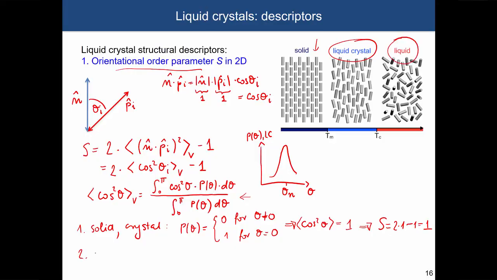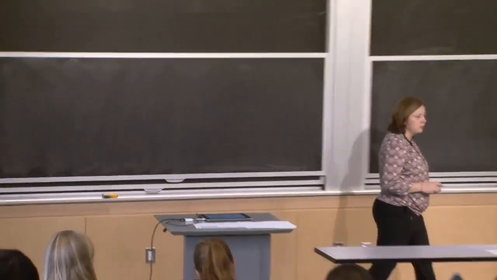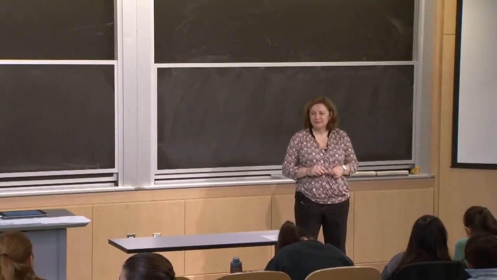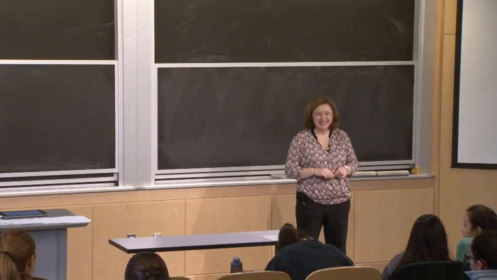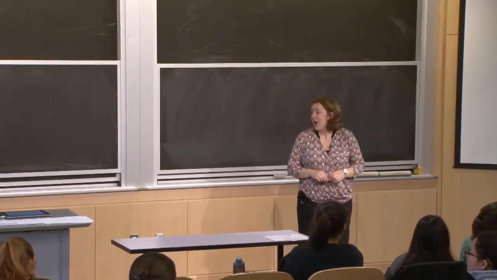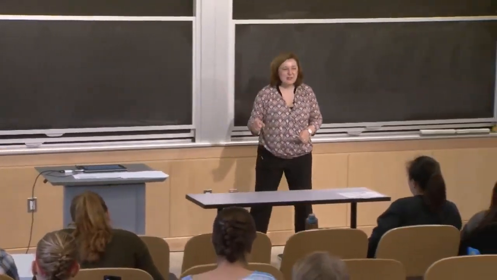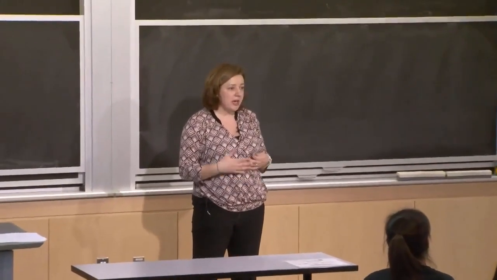So I'm looking at this particular case. If I'm looking at the liquid, so this P of theta will be what? So the question is, what is the probability that you will find a certain orientation in a completely isotropic liquid?